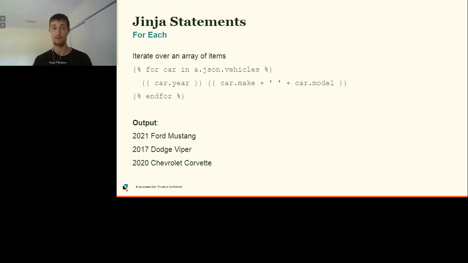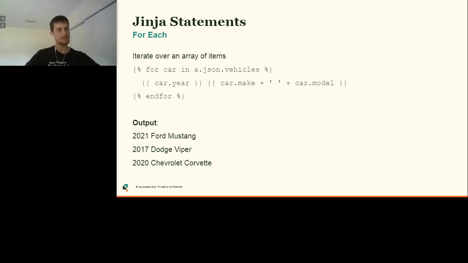We're saying for each car within the array of a.json.vehicles, do whatever it is. In this case, we're going to output the year and then the make and the model. Then we end that for loop. At the bottom, we see the output: the Ford Mustang, the Dodge Viper, and that Corvette.